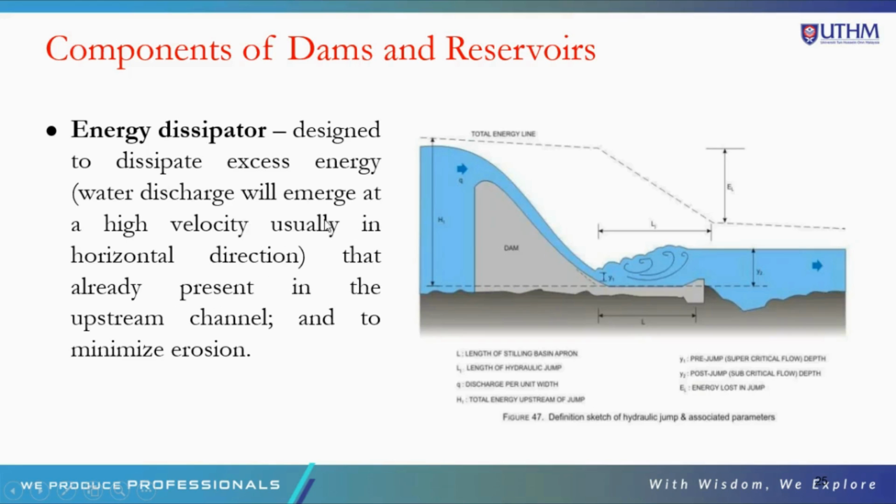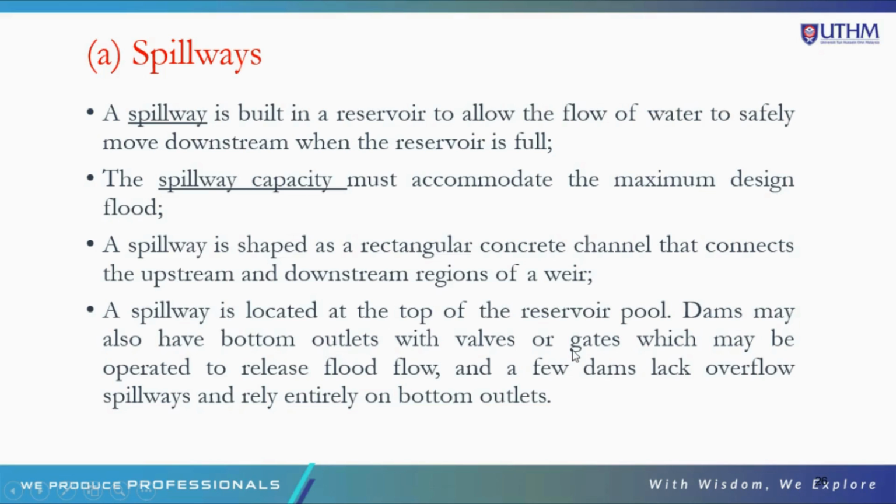There is high velocity here, so this is the energy dissipator, the area after the flow falls. For this topic, we can design the energy dissipator for this dam. Now we go through the spillway.